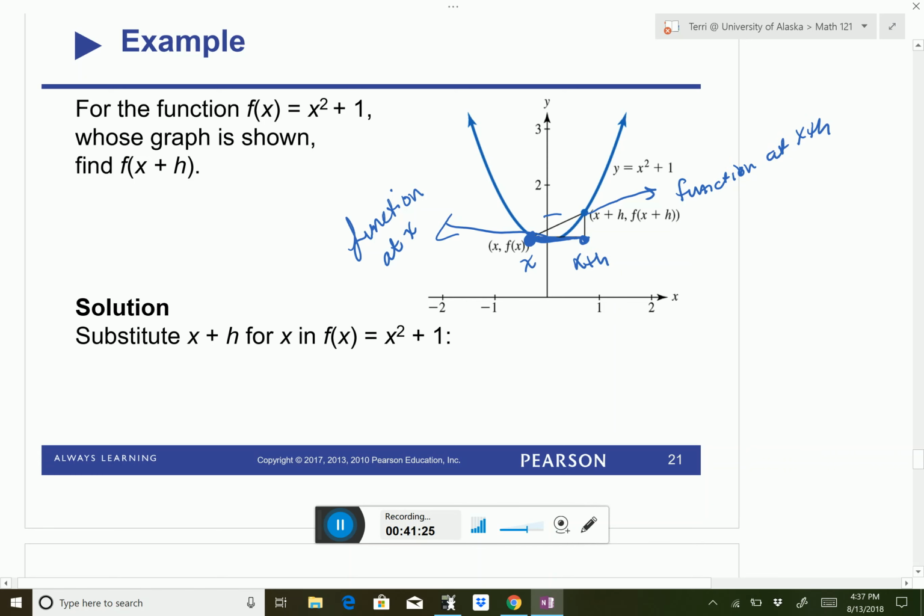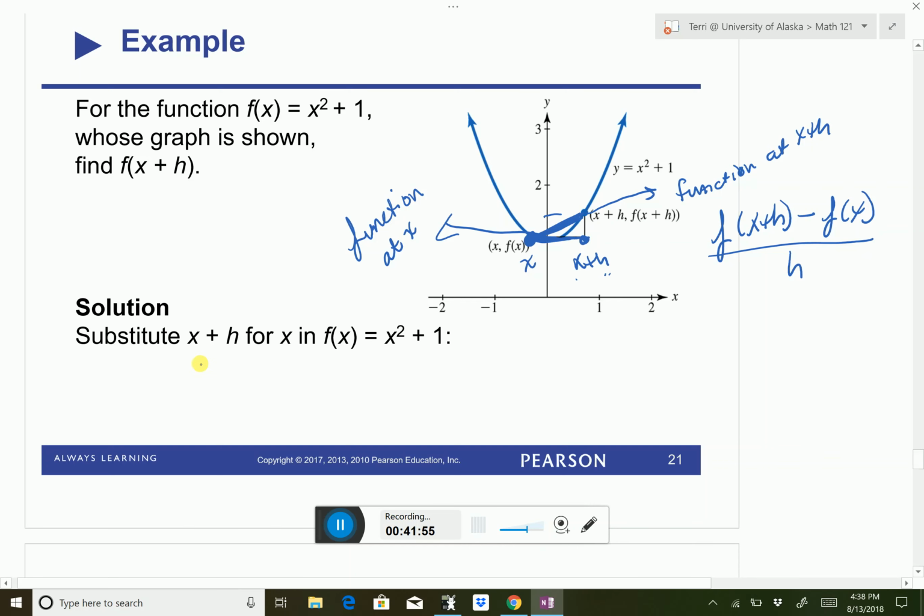So to find that rate of change on this secant right here, I'm just finding f of x plus h minus f of x divided by x plus h minus x, which is just h again. So I'm just trying to find the slope of this line any place that I feel like putting it. And then all I have to do is plug in an x where I want it to be, and I can find it immediately.